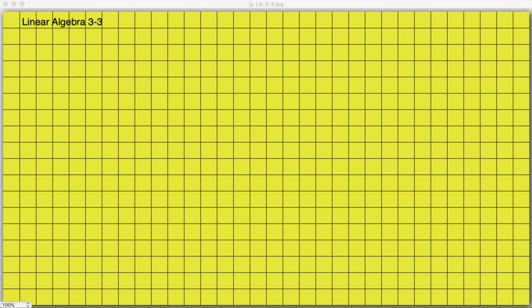I want you to consider the following. Suppose we were to come over here, and let me draw some coordinate axes. And I want you to consider some other vectors here.